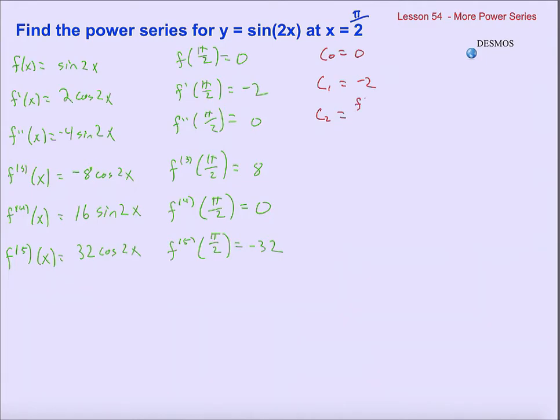I'll write that down. f double prime of a over 2 factorial, but in this case that's just 0 because f double prime of a is 0. And C3 would be the third derivative of f evaluated at pi over 2. That's the 8 that we already have, over 3 factorial. C4 will be 0 over 4 factorial, and C5 will be negative 32 over 5 factorial.